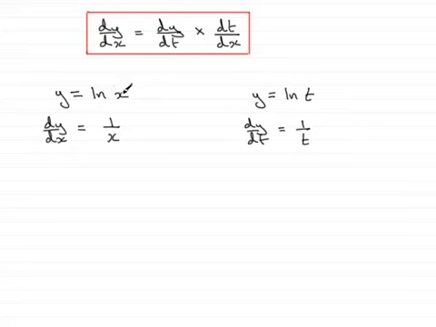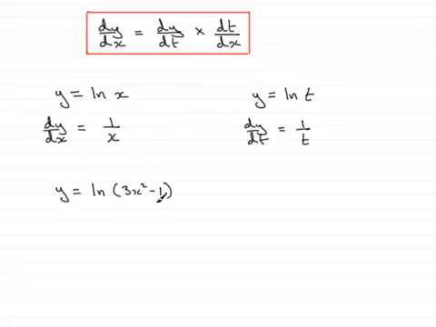But what happens if we have not just a single letter here like the x and the t, but something that was more involved? Let's suppose we had y equals the natural log of, say, 3x squared minus 1. How would I cope with differentiating this? Well, what we need to do is turn to the chain rule up here.